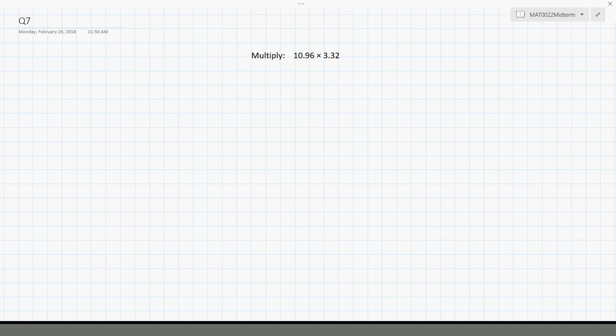Multiplication with decimals. I'm going to treat this like regular multiplication. And then it was 3, 3, 2. And yes, the decimal is here, but we're going to ignore them right now. We're going to actually say 1, 2, 3, 4.